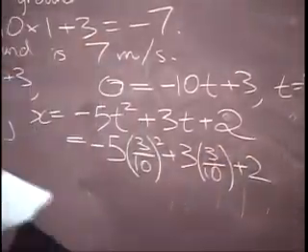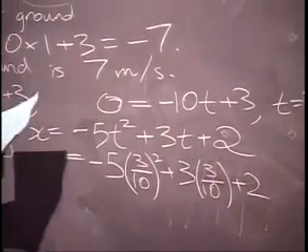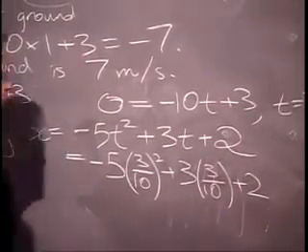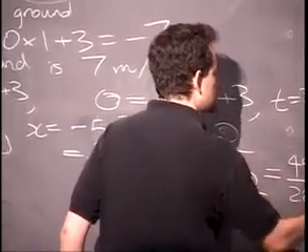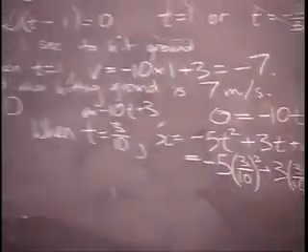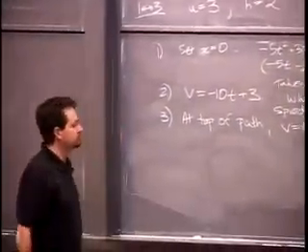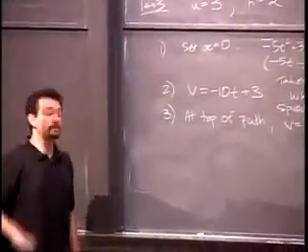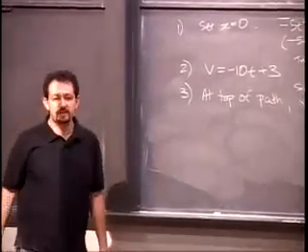There's a bit of fractions to work out, and I believe that you end up with 49/20 meters. So it's actually 2 and 9/20 meters. So it doesn't actually go that high. The acceleration just pulls it back. It started at 2 meters above the ground, and the highest it gets is 49/20 meters above the ground.